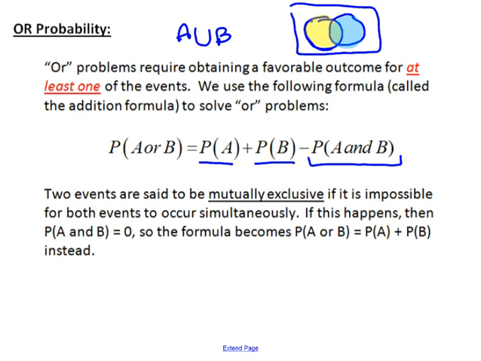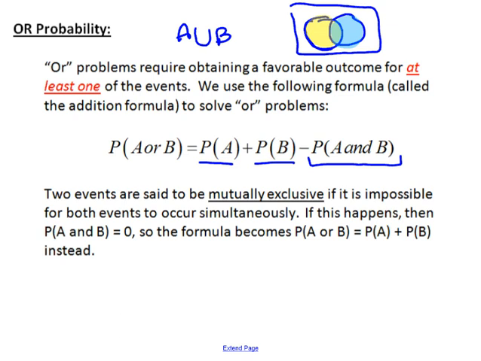Now, two events are said to be mutually exclusive if it's impossible for both events to happen at the same time. Okay, and then we would say that P of A and B, the intersection, having both of them happen at once, that probability is 0. So that would be maybe like drawing, if we're talking about a deck of cards, a 3 and a 5 on the same draw.